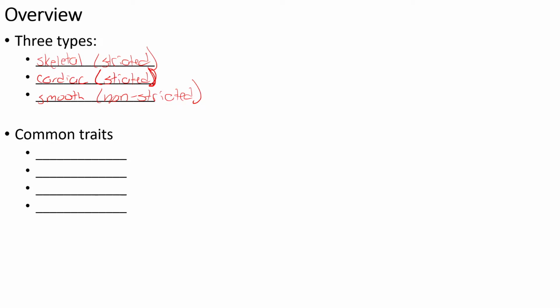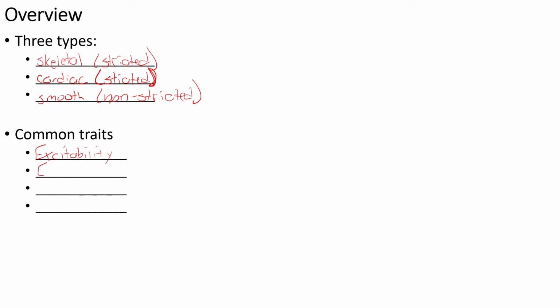Okay, all muscle has the typical characteristics. The first of them is excitability. This means that the plasma membrane can carry a charge, so it can change its electrical state. It can go from a negative potential on the inside to a positive potential.